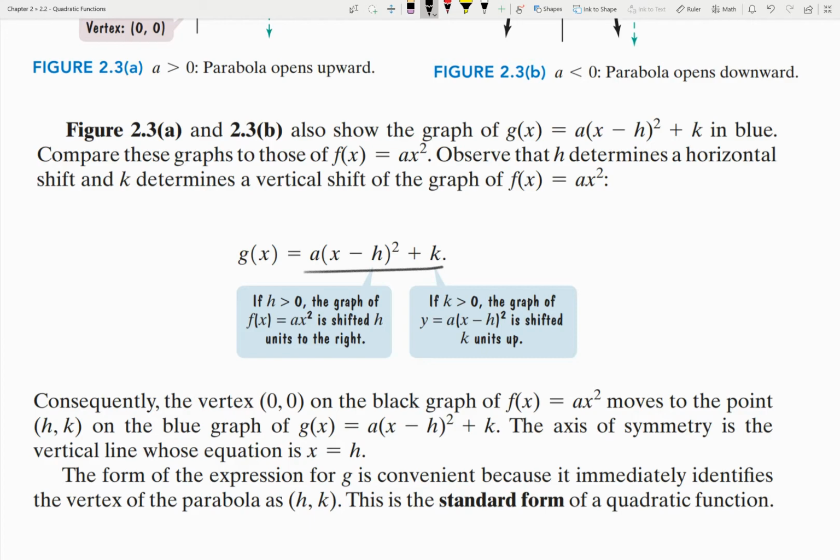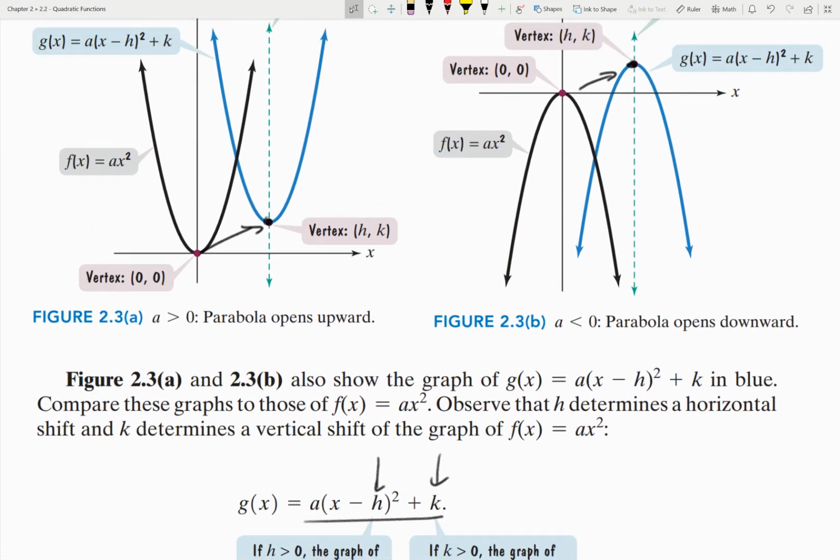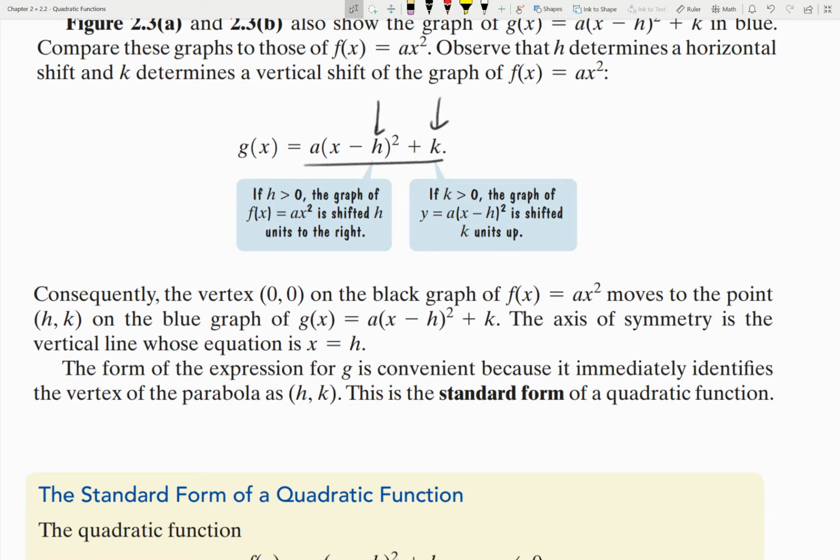You can see that we can still incorporate my shifts left and right for h, up and down for k. If we are shifting every point in the parabola based on those numbers, we're also shifting the vertex. So instead of the vertex being (0, 0), like it is for the two black parabolas, the vertex is now (h, k). It's been shifted based on my transformations of right and up.